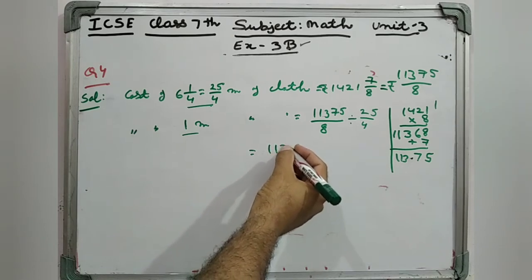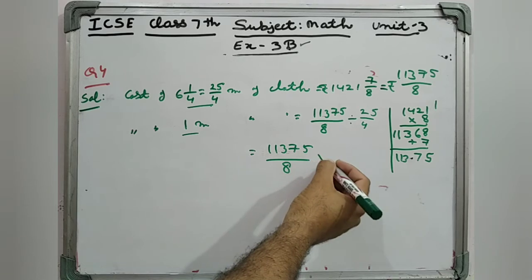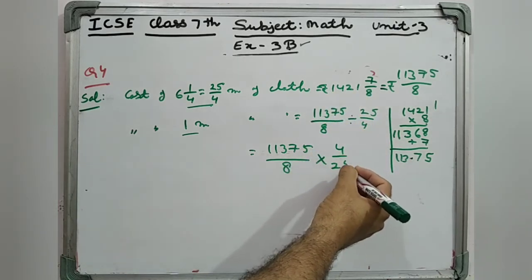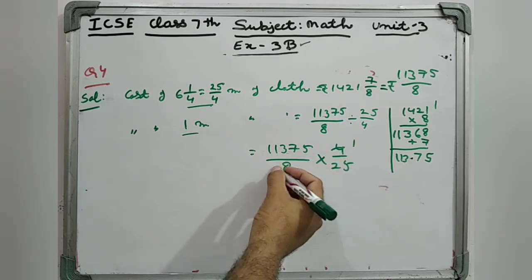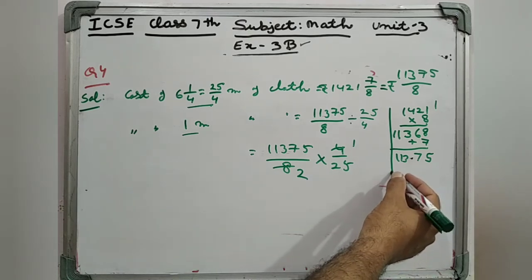Division is 11375 upon 8 multiplied by the reciprocal, 4 upon 25. Now 4 ones are 4, 4 twos are 8. This is carrying 5, this is carrying 5. Now they can be divided. Let's see how.